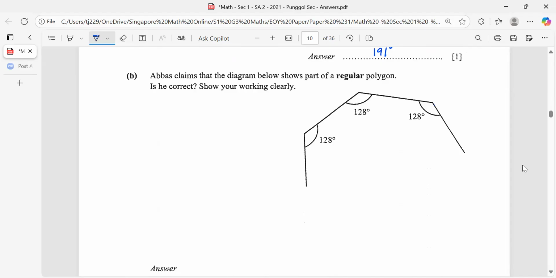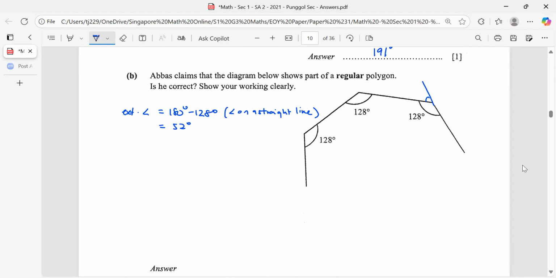So let's find the exterior angle. Okay, this is based on angles on a straight line. So 180 minus 128, we get 52.